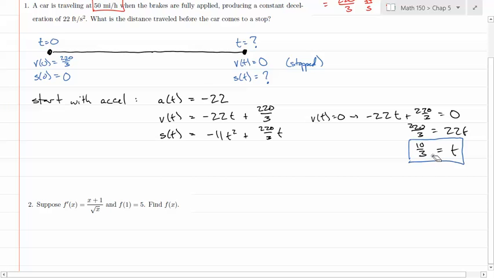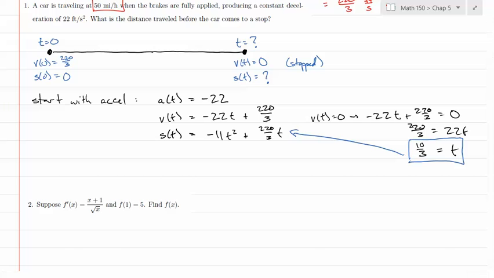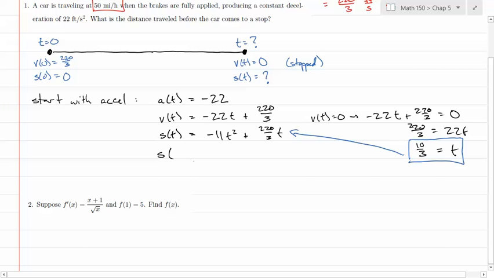Once you know that time, then you can plug that time into the position function to figure out how far the car traveled before coming to a stop. So s of 10/3 would be negative 11 times 10/3 squared plus 220/3 times 10/3.